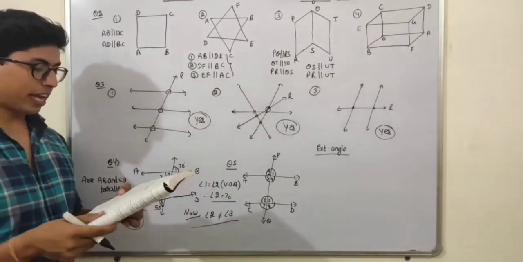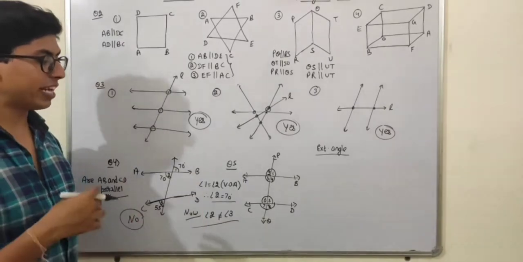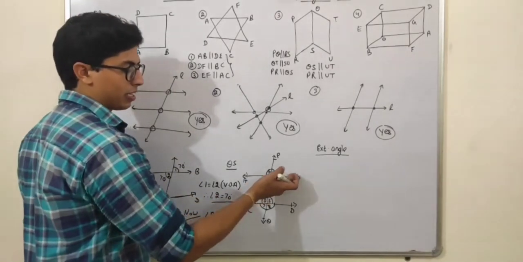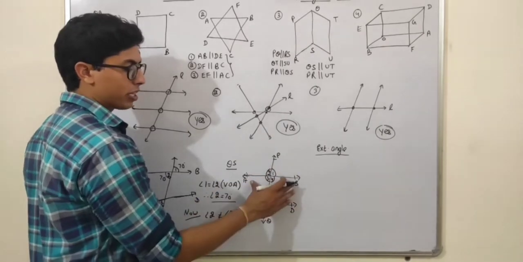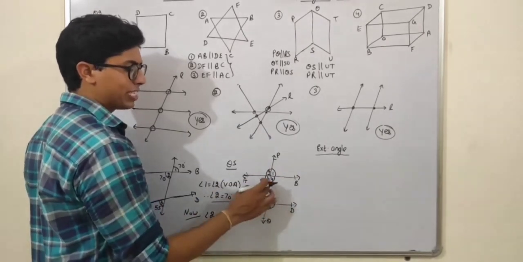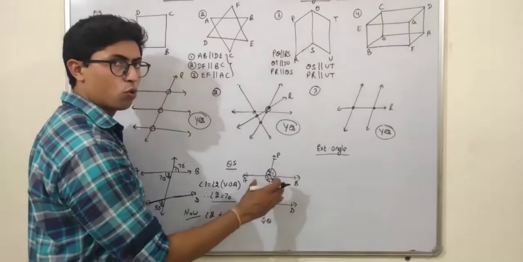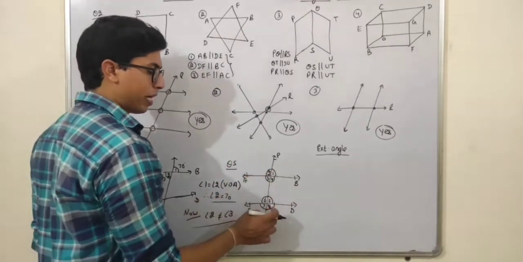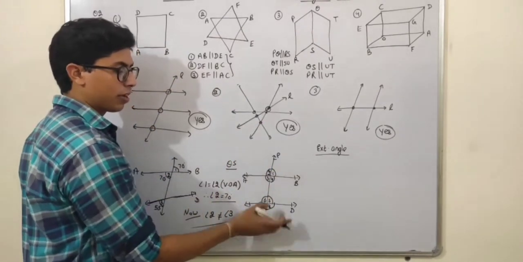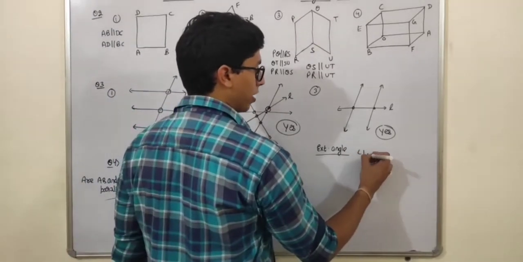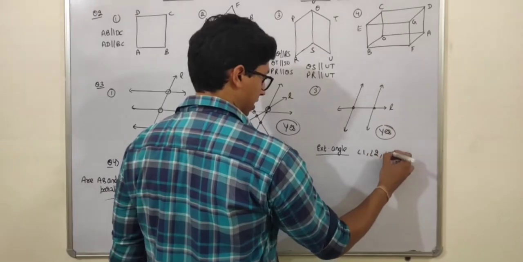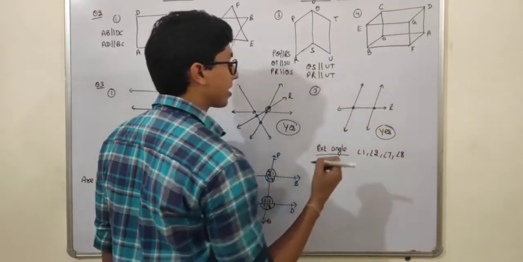The angles are 1, 2, 7 and 8. AB is parallel to CD, so the angles between these two parallel lines are interior. So 1, 2 and 7, 8 are the exterior angles.